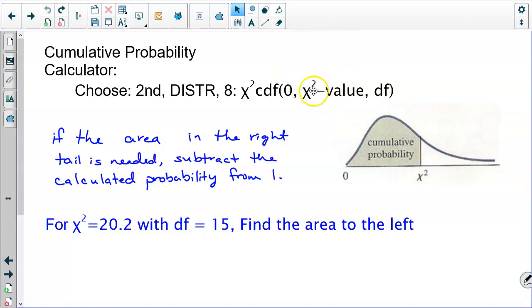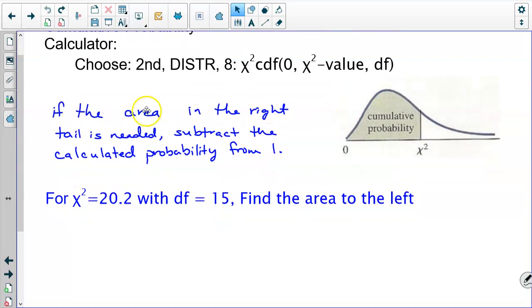That's your lower limit. That's the smallest it can be, 0. Then whatever you calculate for your chi-square, that's what you put second, and then third place is degrees of freedom, okay? So it's very similar to the t-distribution. The only difference is the lower limit is 0 because we don't have any negatives, okay? That's literally the only difference. So if the area is in the right tail, then again we have to subtract from 1 because your calculator always shades to the left.